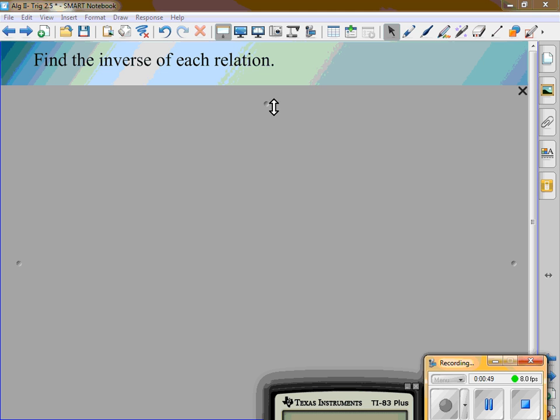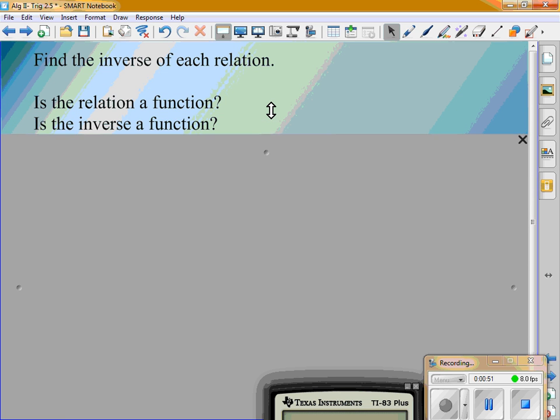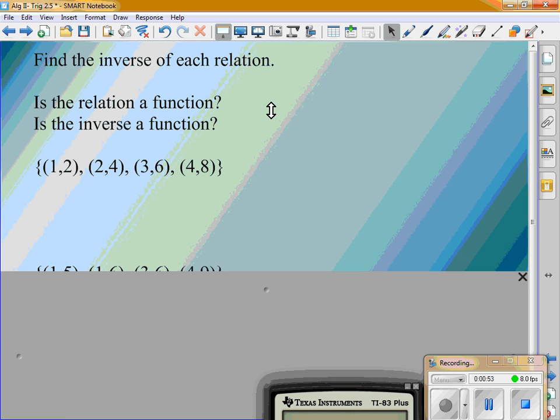We're going to find the inverse of each relation. I have a set of numbers: 1, 2, 2, 4, 3, 6, 4, 8. Is this relationship a function? Why? None of the domains repeat.